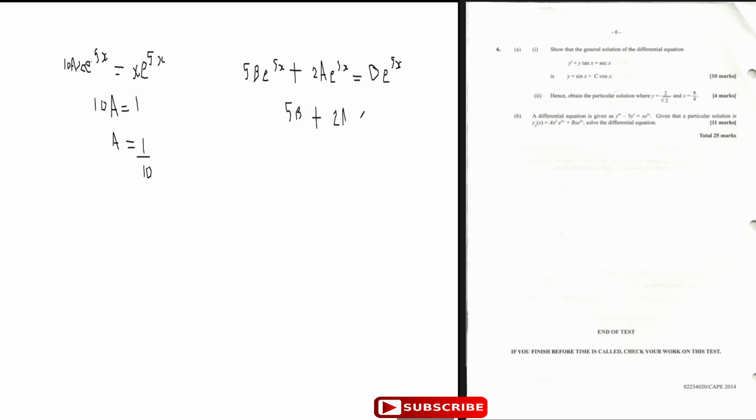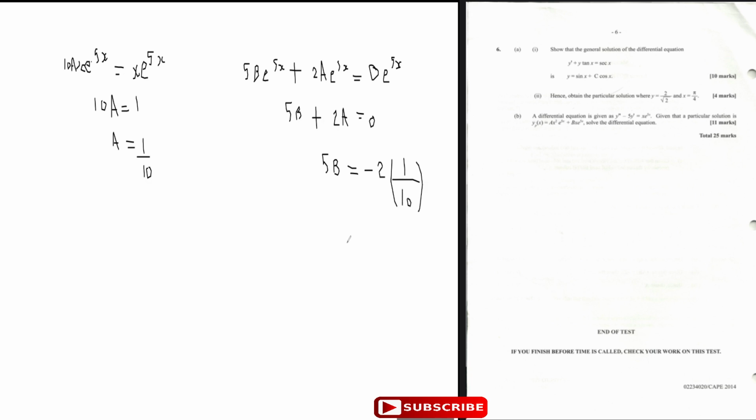If 5b plus 2a is equal to 0, then we can make b the subject: 5b is equal to minus 2 times a, and a is 1 over 10. Then we can divide through by 5.